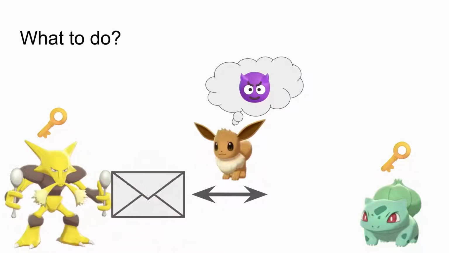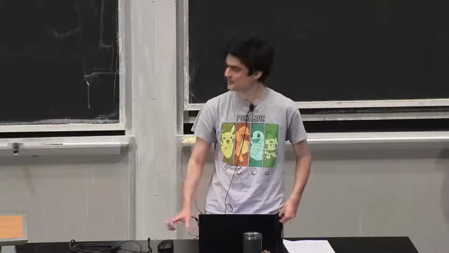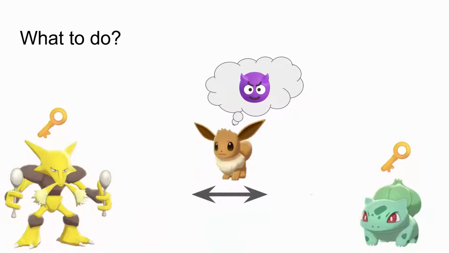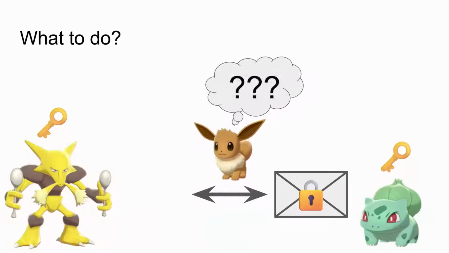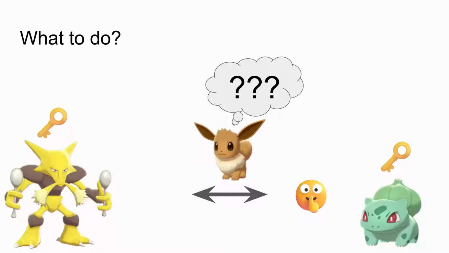So instead of just putting the envelope in the post, they're going to put it in a locked box, and Alazkazam will lock it with her key. Now when she sends it over the channel, Evie can't do anything with it. It's locked, and Evie doesn't have the key. But Bulbasaur has the same key, so he can remove the lock and open the message, and everything is awesome.